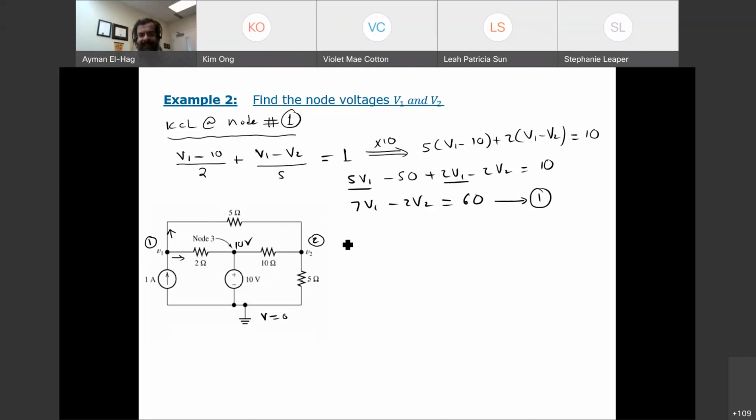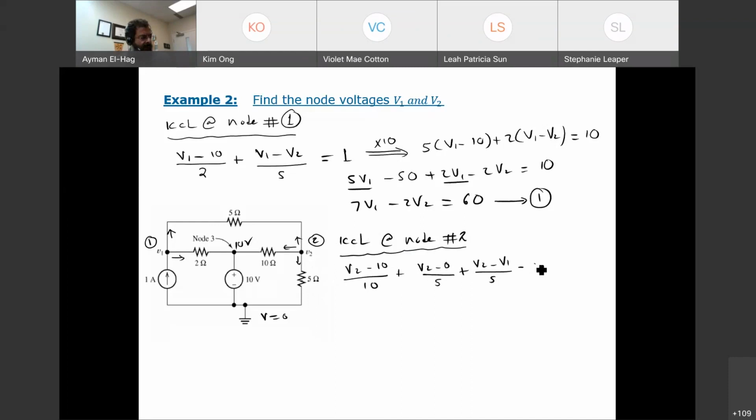Then we will apply KCL at node number 2. Okay, so we'll assume the currents are leaving, regardless of anything I have assumed in the previous step. So we will have here (V2 minus 10) divided by 10, plus (V2 minus 0) divided by 5, the current goes down, plus the current that goes up here, (V2 minus V1) divided by 5, equal to 0.